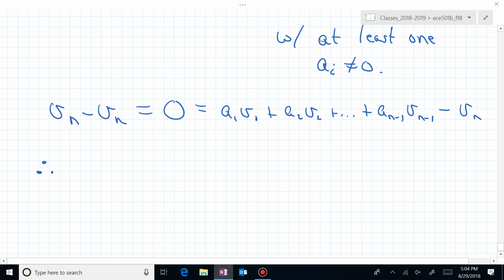Let me just rewrite it and maybe something will pop out. Now I've said that A1 V1 plus A sub 2 V sub 2 plus A sub n minus 1 V sub n minus 1 minus V sub n is equal to 0.